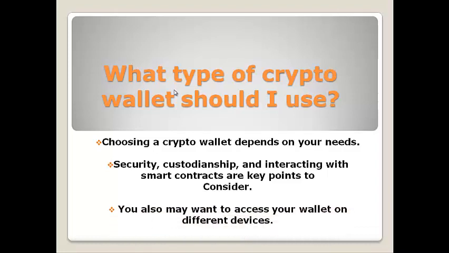All right, so you also may want to access your wallet on different platforms. The different platforms can be on the desktop, on the web, or on your mobile phone. For browser extension wallets, it includes MetaMask, Math Wallet, the Binance Smart Chain wallet. All of those are browser extension wallets where you can store your cryptocurrencies.